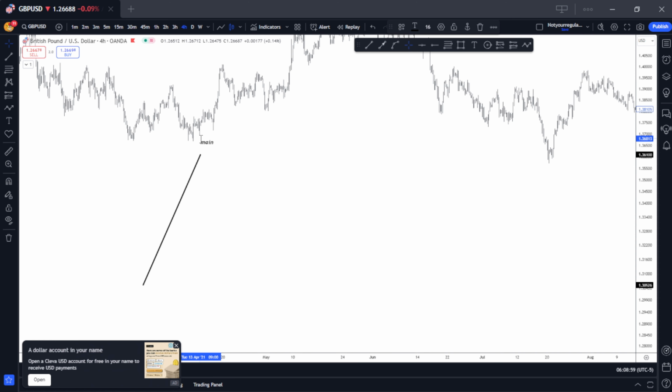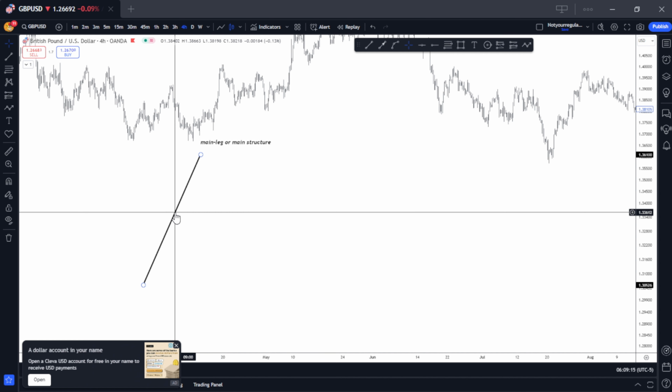This is our main leg, or main structure. This is for illustration.